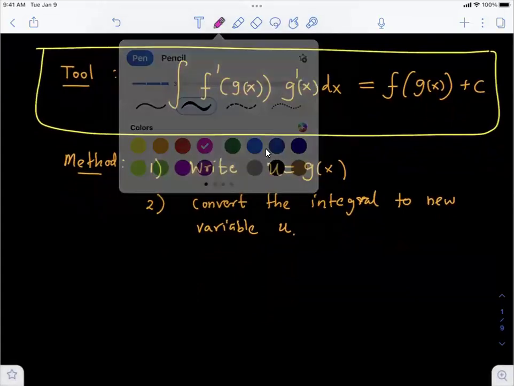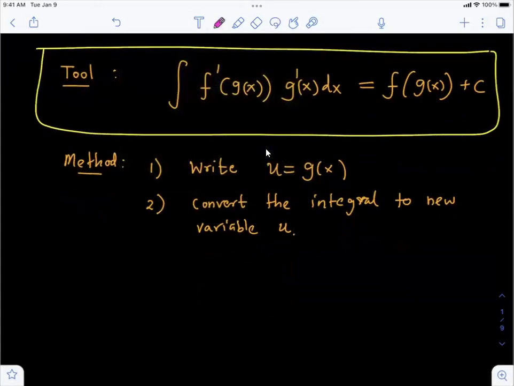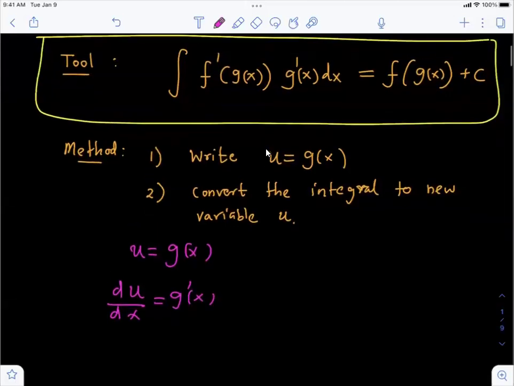Once you have u equals g(x), the next step, we will take the derivative of u. So du/dx equals g'(x). However, we are not going to employ this particular form. We will convert it to the operator form, which is called du equals g'(x) dx.